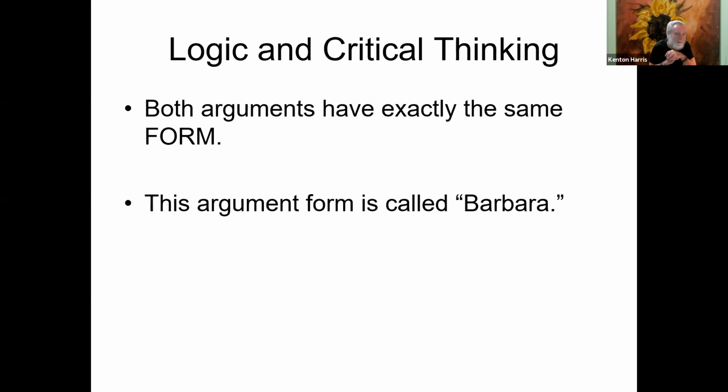The name is Barbara. In the Middle Ages, they named all of the valid categorical syllogisms, and this is Barbara. Barbara consists of three universal affirmative claims, and universal affirmative claims were called A claims.